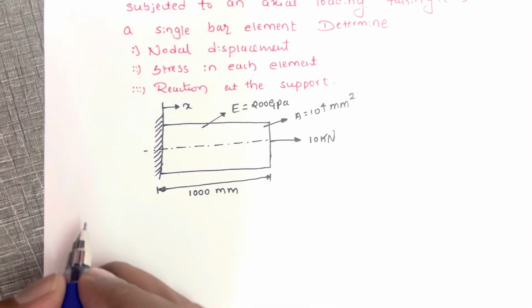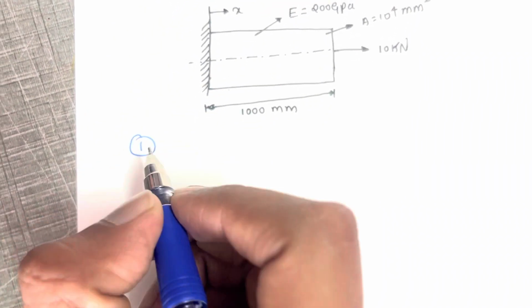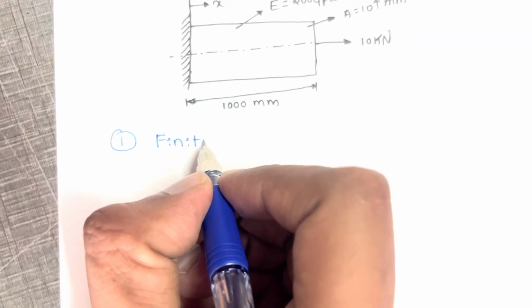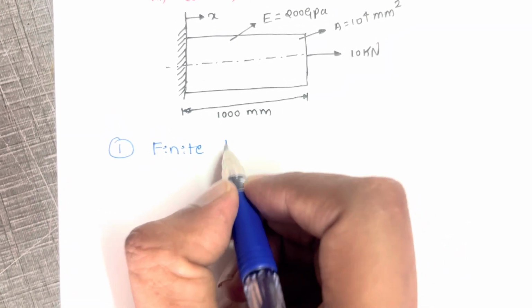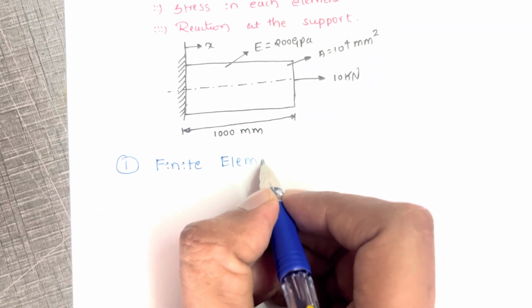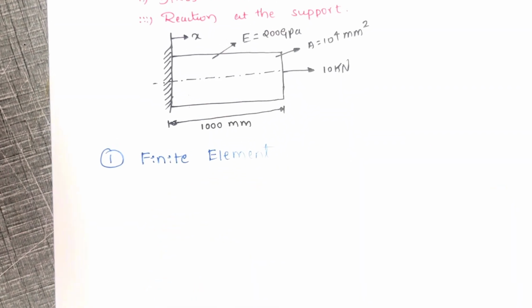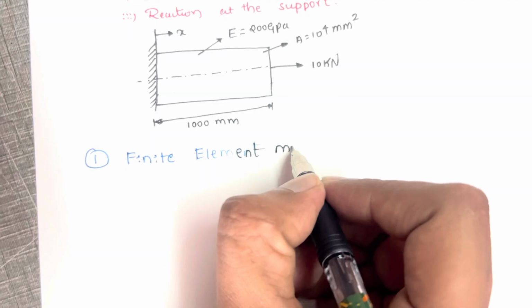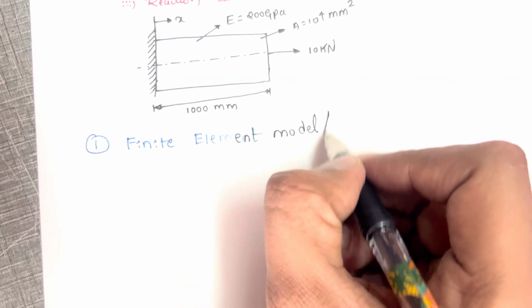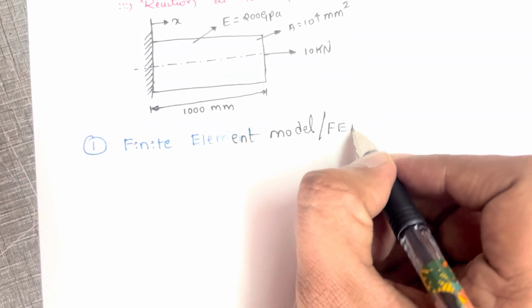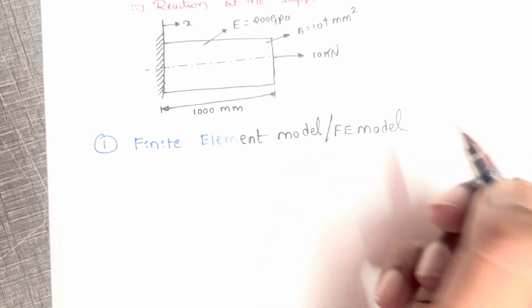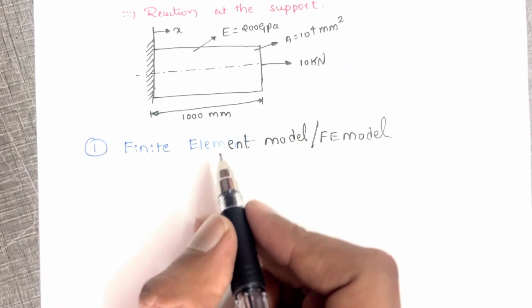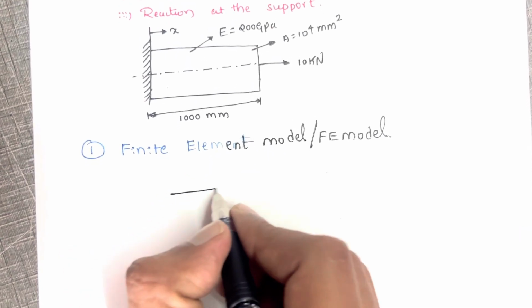Okay, the first step, finite element model or FE model. Here we have one object, that is the bar. We have to consider it as a single element.